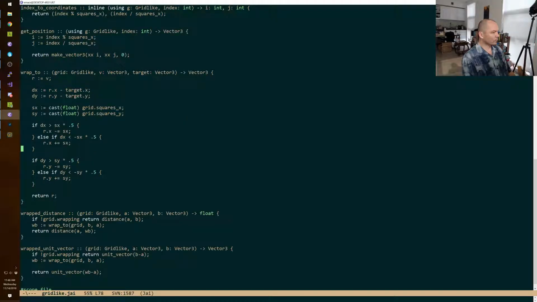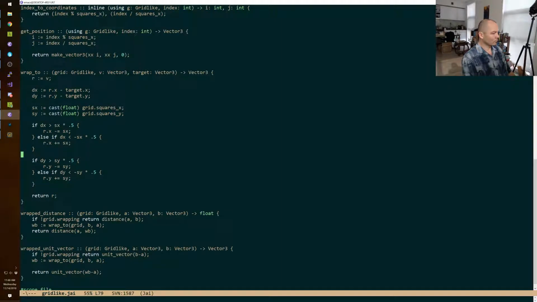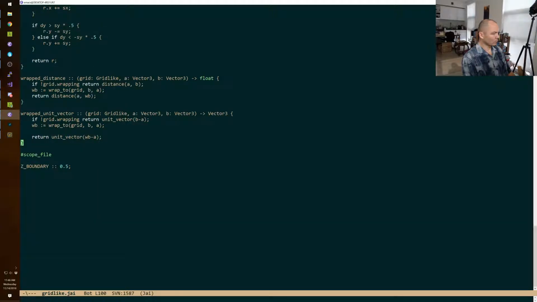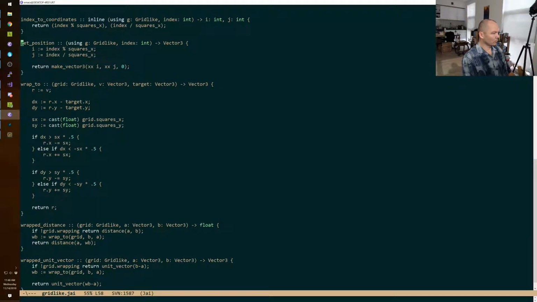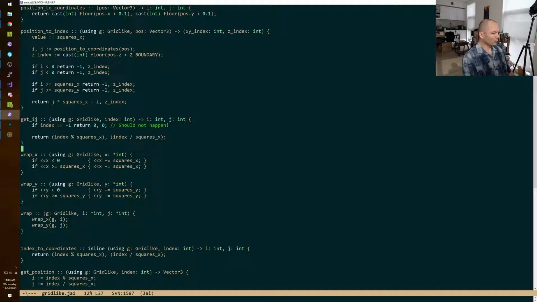So this thing is not right. This is asymmetric.